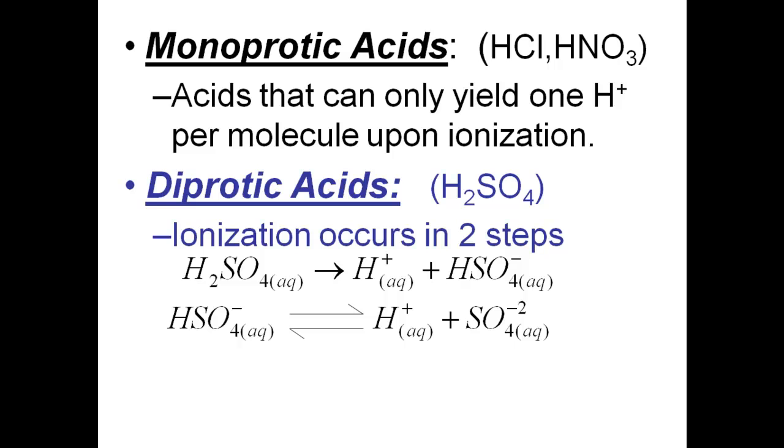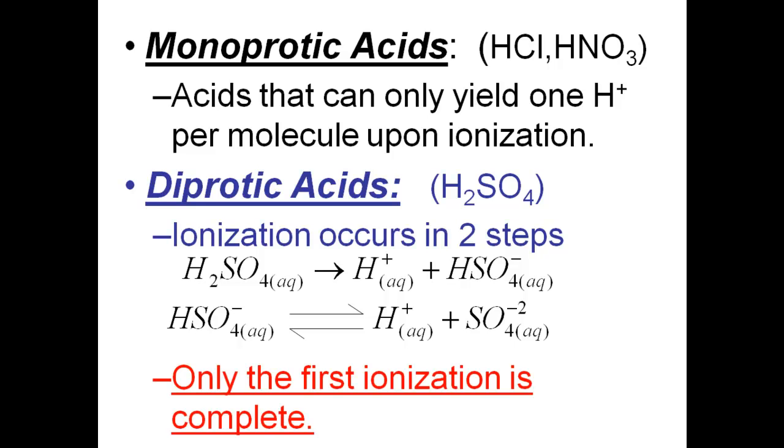The second step will be the HSO4 minus ion dissociating into another H plus and the sulfate ion. This does not occur completely. Some of the ions will stay as HSO4 minus, and others will break up into the second hydrogen and sulfate ion.